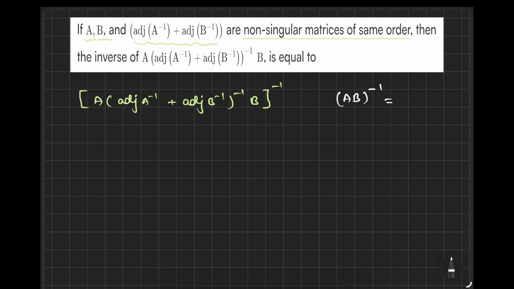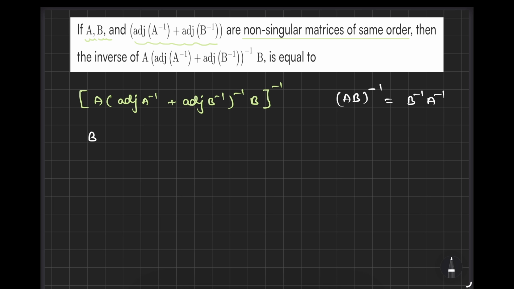Suppose this is socks and shoes. You will wear socks first and then shoes. But when you have to remove them, you will remove shoes first and then socks next. Correct? So you have to apply that idea over here. We will change the order.